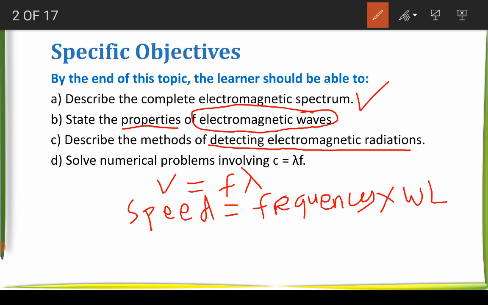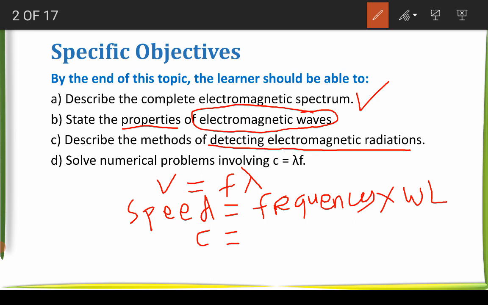With respect to the electromagnetic waves, we don't use v for speed, we use c. c is the general symbol for speed of electromagnetic waves, including speed of light.